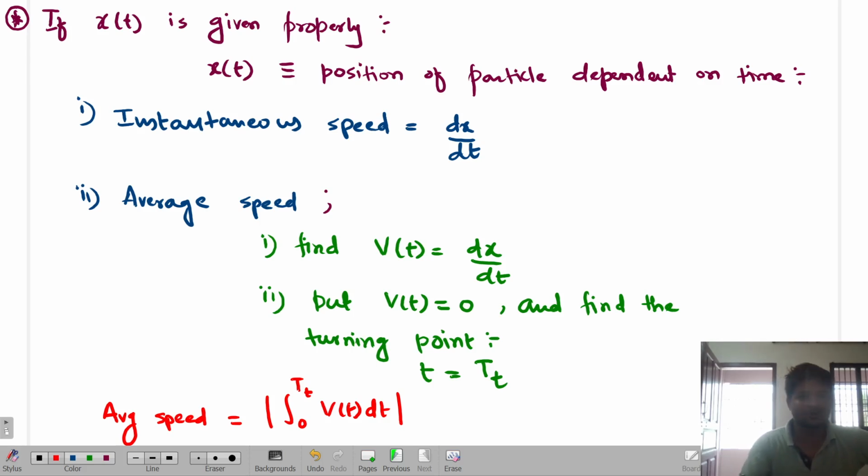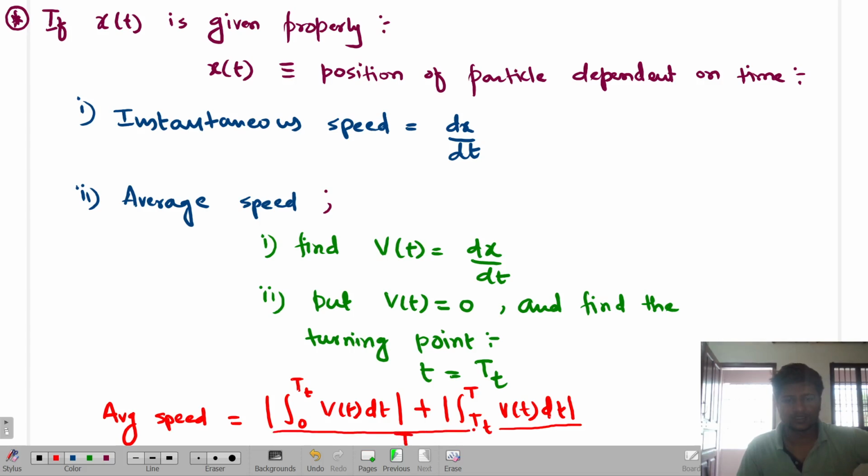Plus modulus of integration from turning point to total time, which is given to you, of v of t dt again. Put modulus on both and divide by total time. Are you able to get me or not? So this is the formula of average speed when turning point is given. Is that clear or not, guys? Are you able to get me?